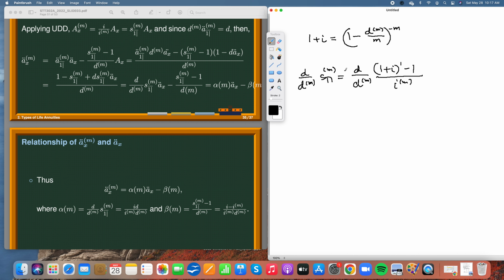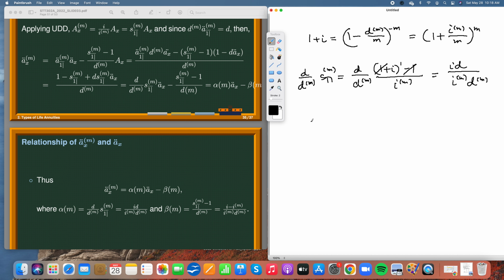From theory of interest, so this one cancels out. And so this becomes i times d over i to the upper m, d to the upper m. Where of course, i to the upper m is as follows, right? In relation to i and d to the upper m.